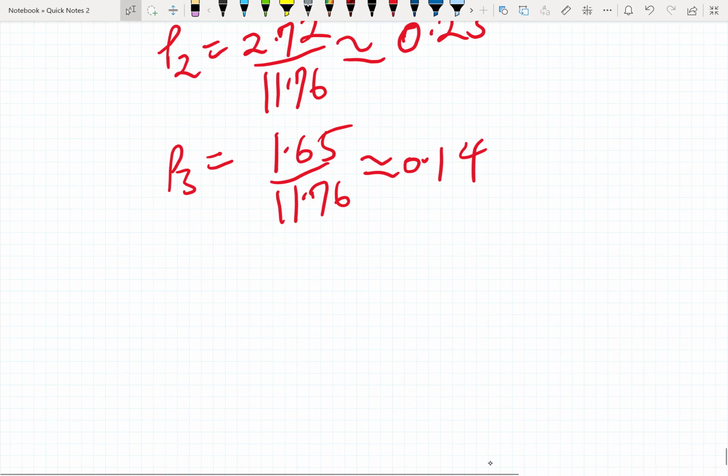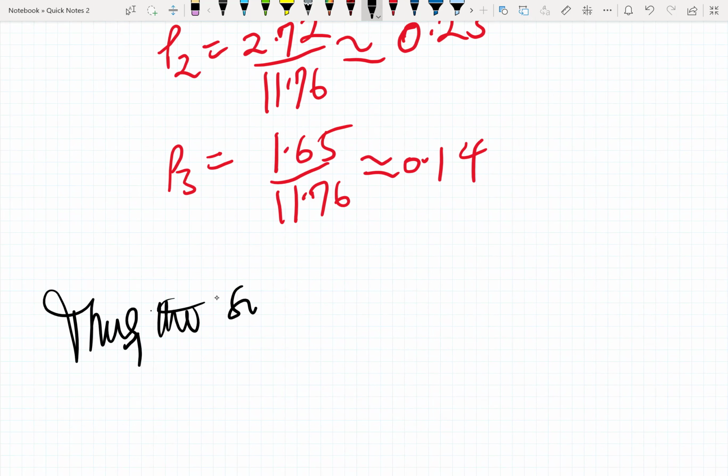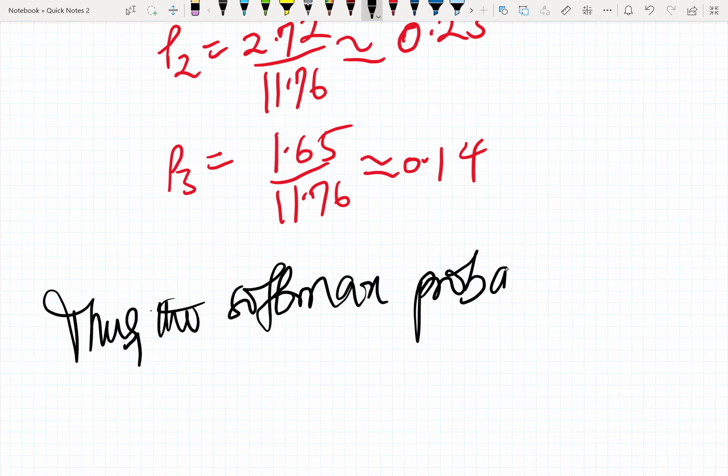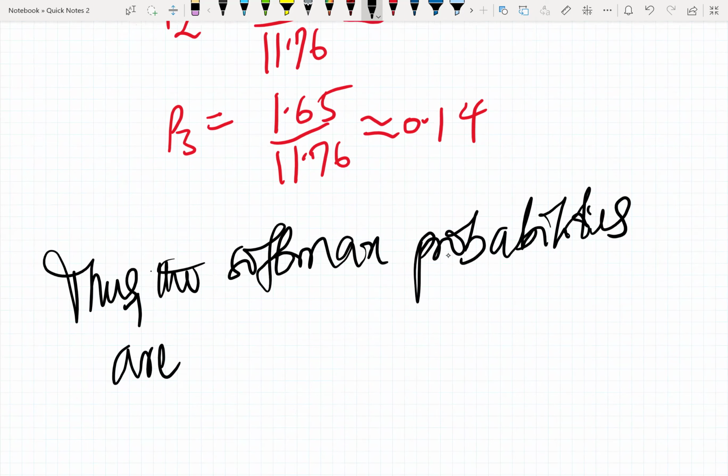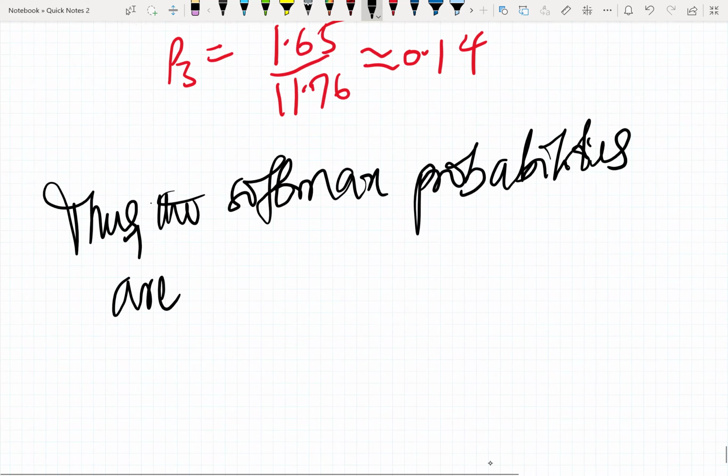Thus, the softmax probabilities are 0.63, 0.23, 0.14.